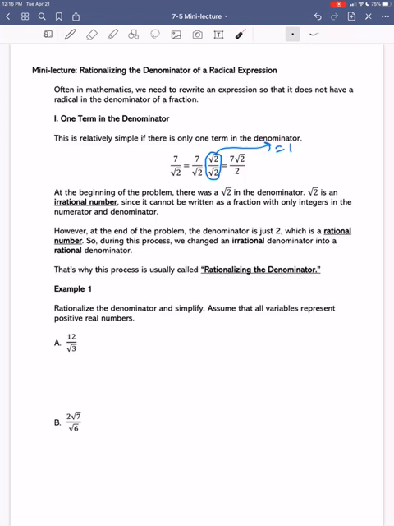There are times where that ends up being important in other math classes. Way back when, this was important before calculators, because the square root of 2 is an infinite decimal. Dividing 7 by the square root of 2, which is approximately 1.414 but goes on forever, is hard to do by hand, and we don't know how many decimals we have to write to get a certain level of accuracy.